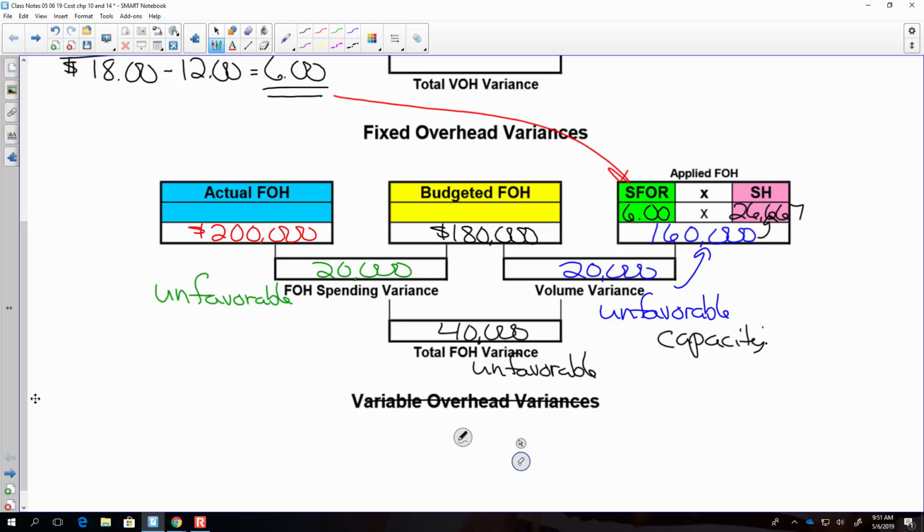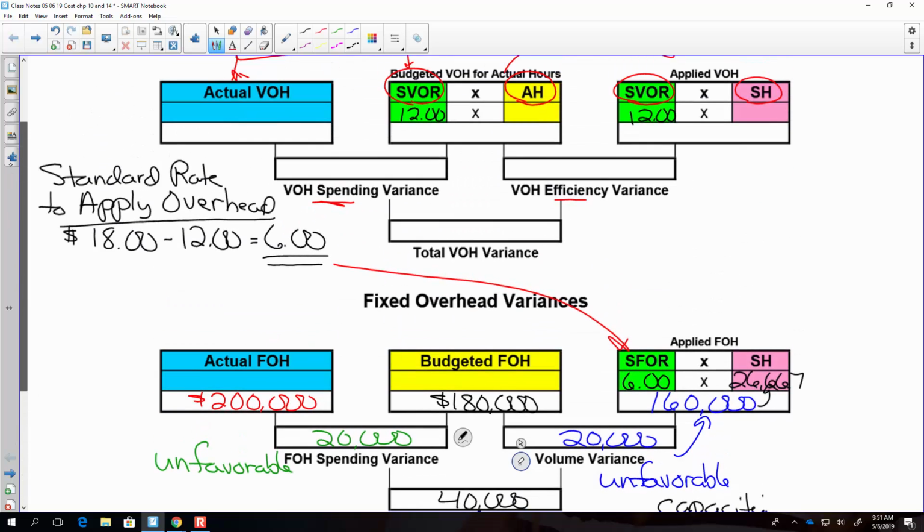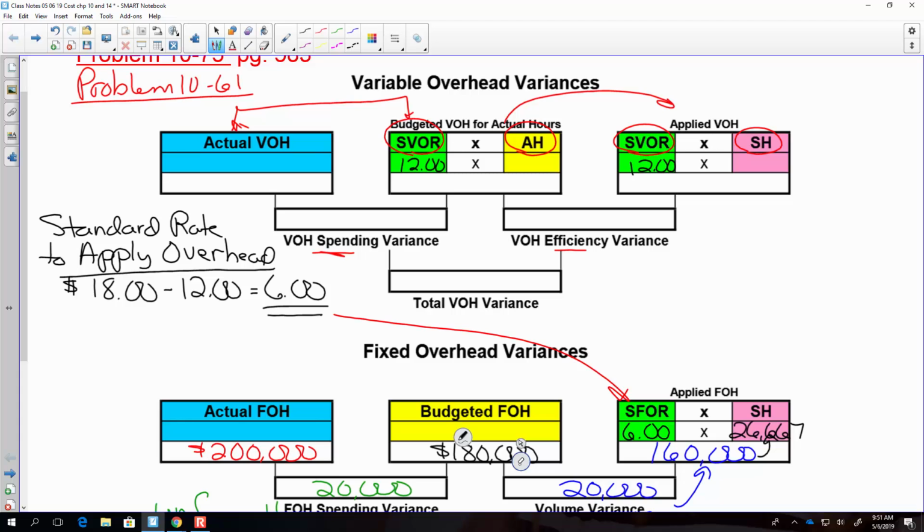Let's go to the variables section and see what they give us there. So I can use the same hours, right? The allowed hours times 12.